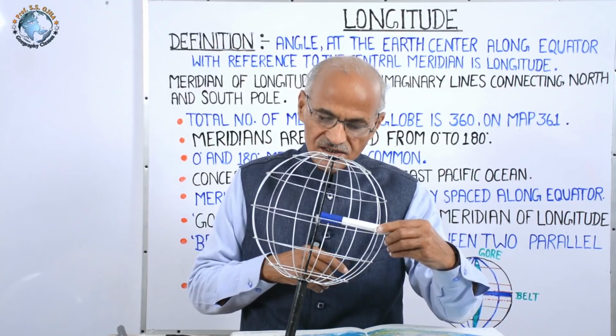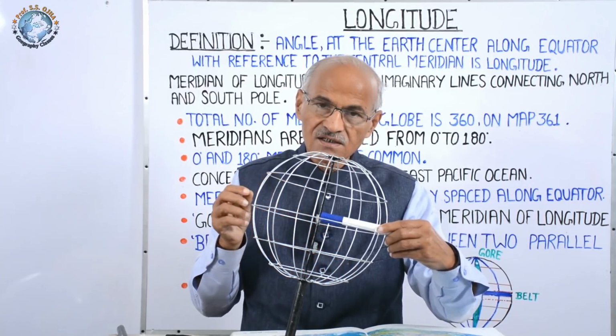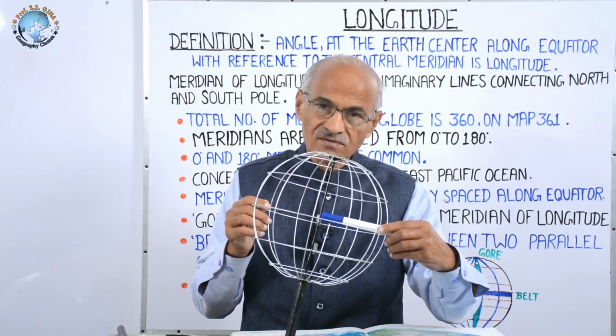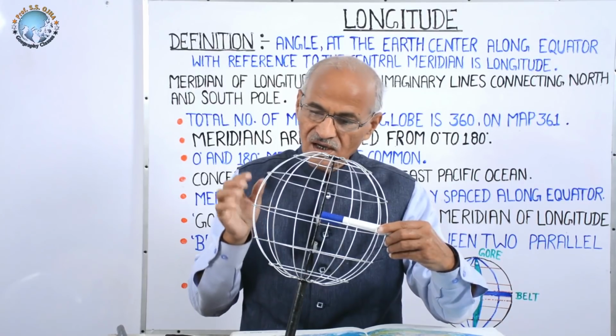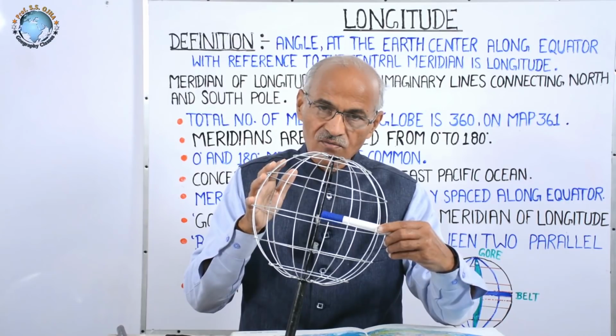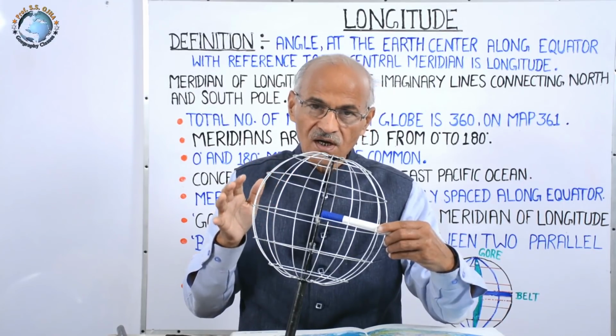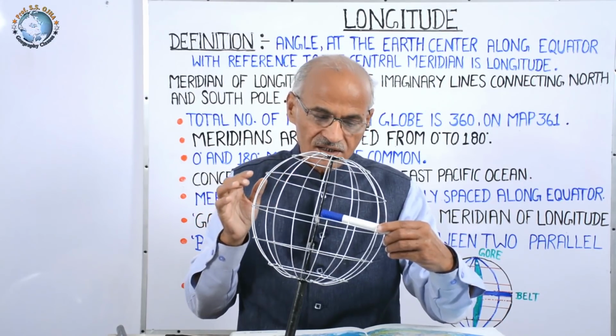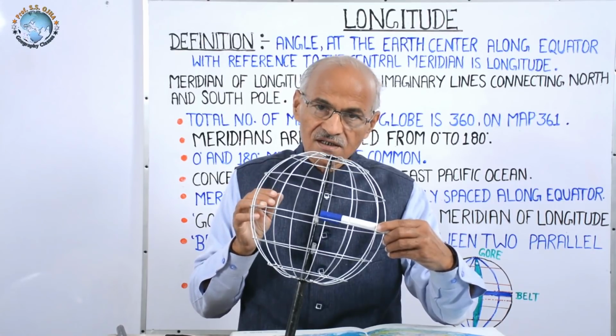There are 360 meridians of longitude, and on this model of the globe, or on the real earth, there are 360 angles or meridians.